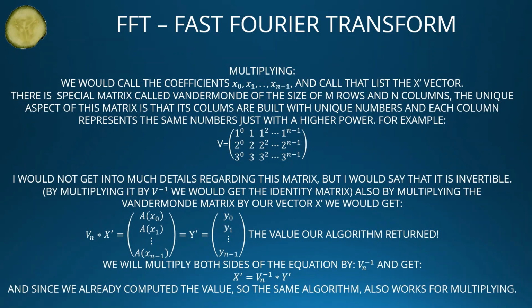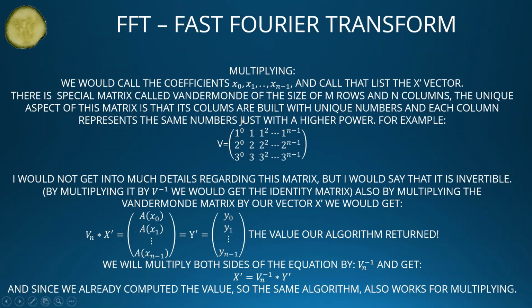Multiplying. We would call the coefficients x0, x1 all the way to xn minus 1 and call that list the x tag vector. There is a special matrix called Vandermonde of the size of m rows and n columns. The unique aspect of this matrix is that its columns are built with unique numbers and each column represents the same numbers just with a higher power.